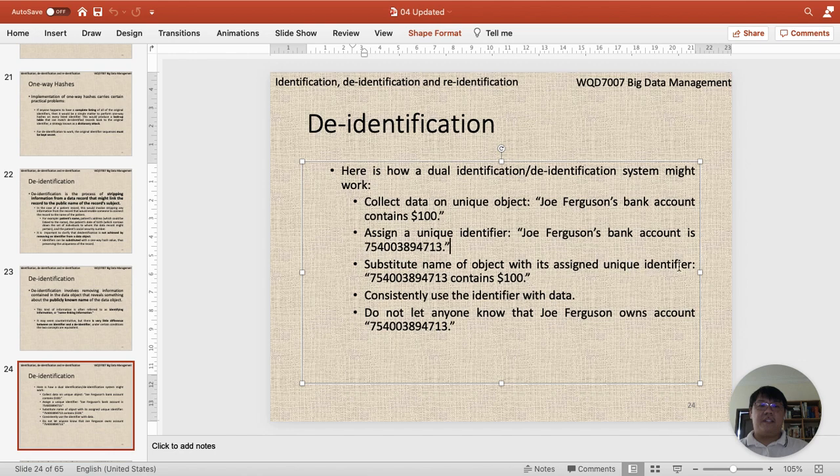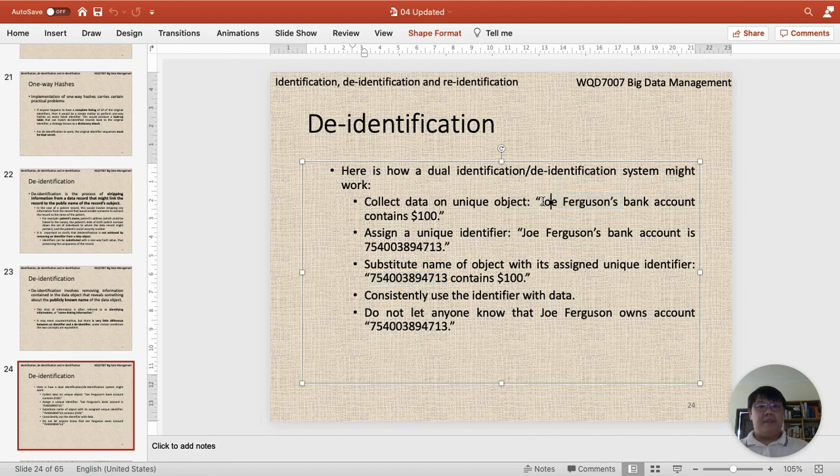Substitute the name with an assigned unique identifier. This account contains $100. Consistently use the identifier with the data, and do not let anyone know that Joe Ferguson owns this account. So at the end of the day, nobody will know that Joe Ferguson has 100 ringgit in the bank account. You are changing from the identifier to the de-identifier over here.